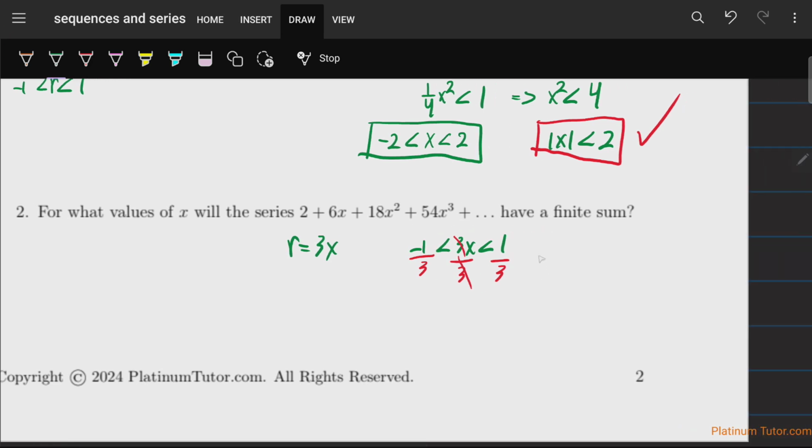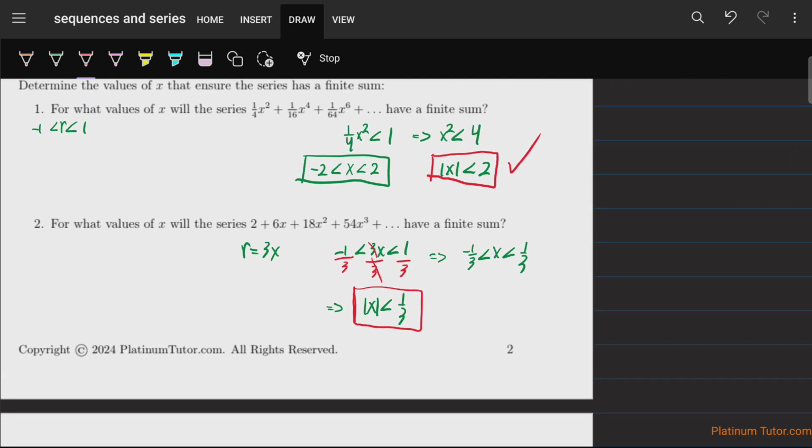Okay, so this is going to give us -1/3 and 1/3. So x has to be between negative 1/3 and 1/3. And another way to say that is that the size of x, the magnitude of x, has to be less than 1/3. Okay, so if that's the case, then the series will be convergent.